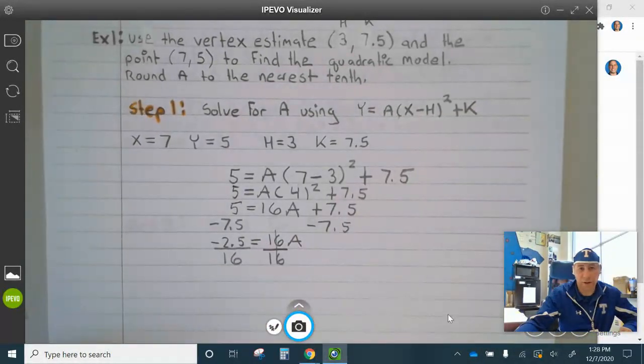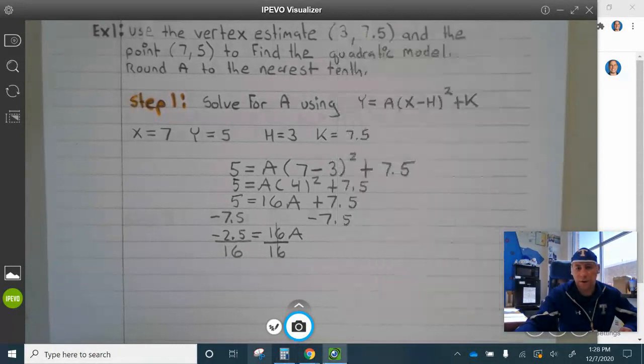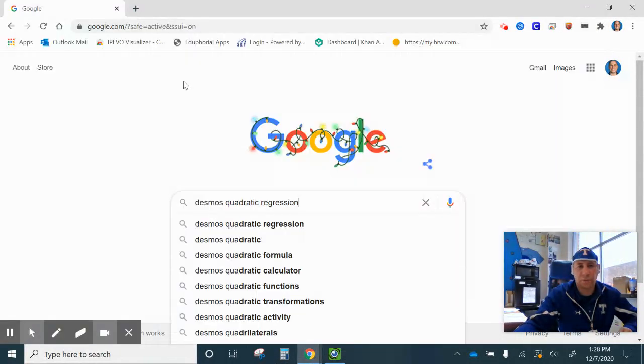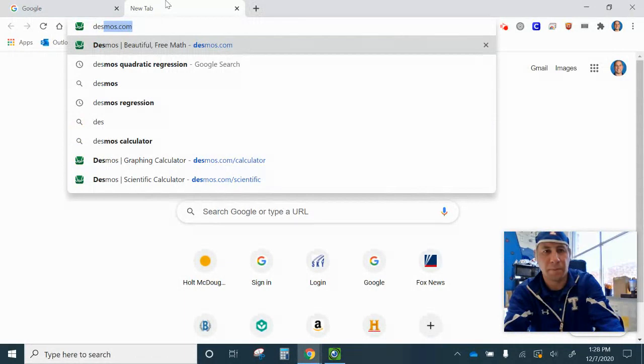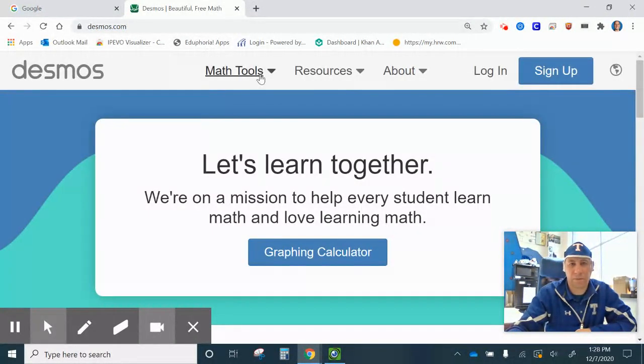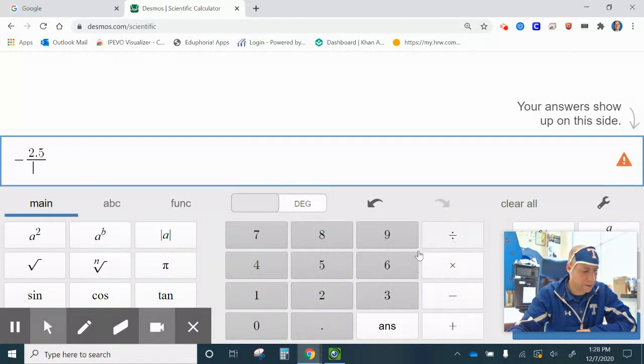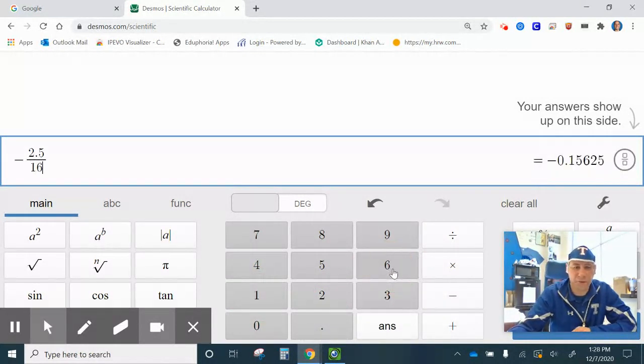Let's go ahead and put that in the calculator. And you know what? I think I actually like the Desmos calculator better. So negative 2.5 divided by 16 is negative 0.15625. They want it to the tenth place, so the 5 rounds the 1 up to the 2.